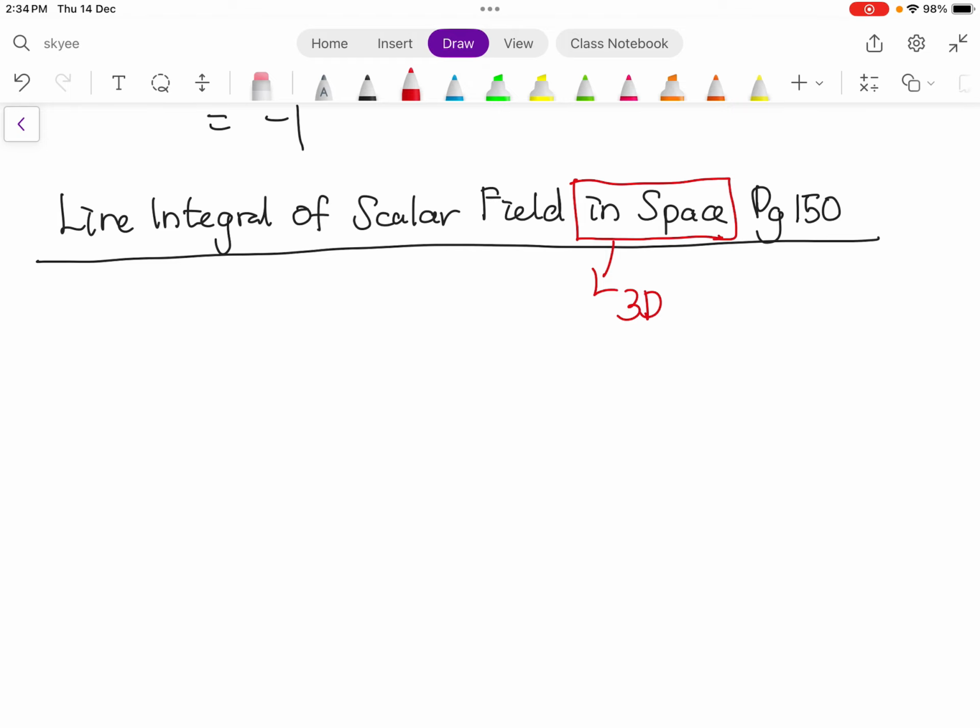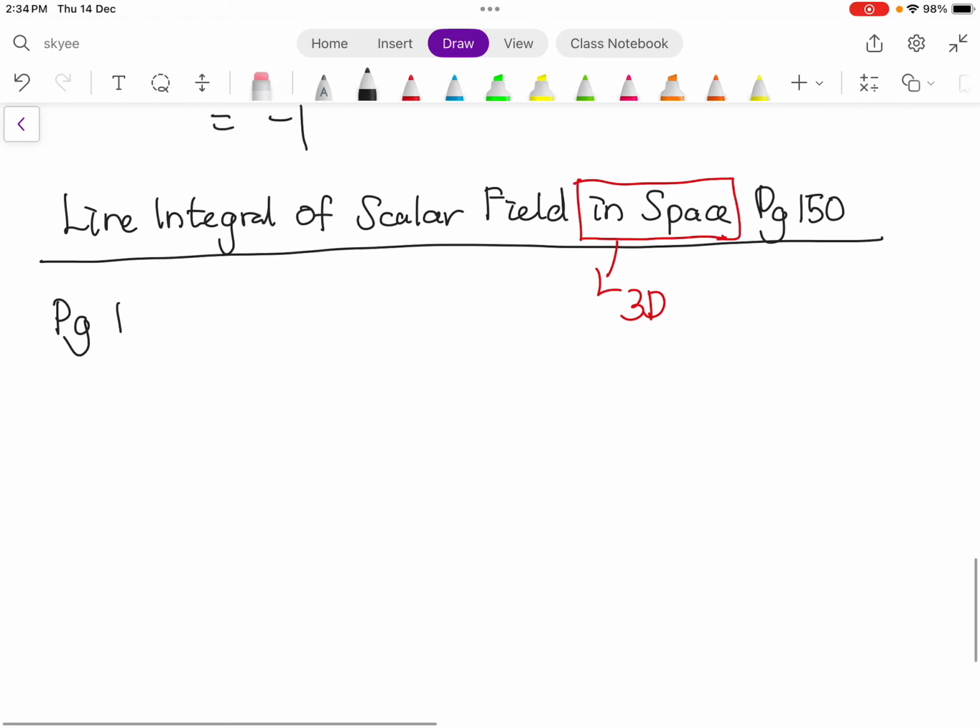But here now I want to look at a different example. That is the example behind. Question 9, page 153. Question 9 here. So calculate the line integral. This is your line integral.